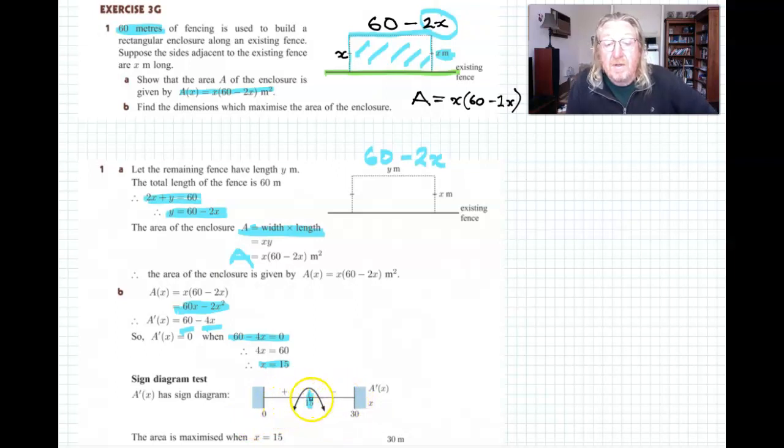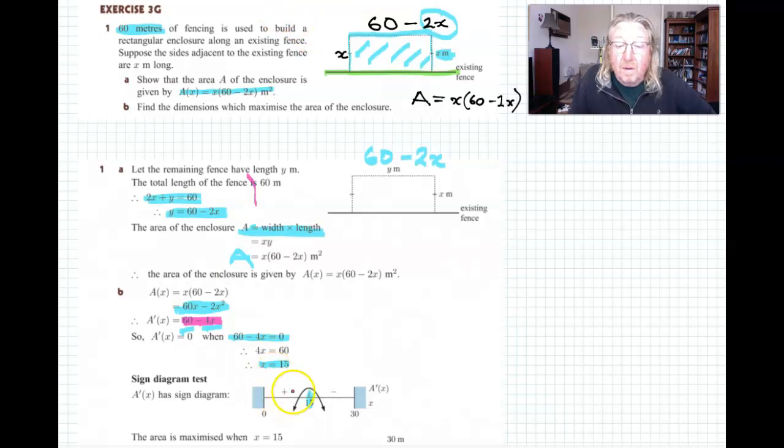So if X was less than 15, let's say it was 10, we're looking to find that sign there. With X as 10, you'd have 60 minus 4 times 10, which is 20. So it's positive there.